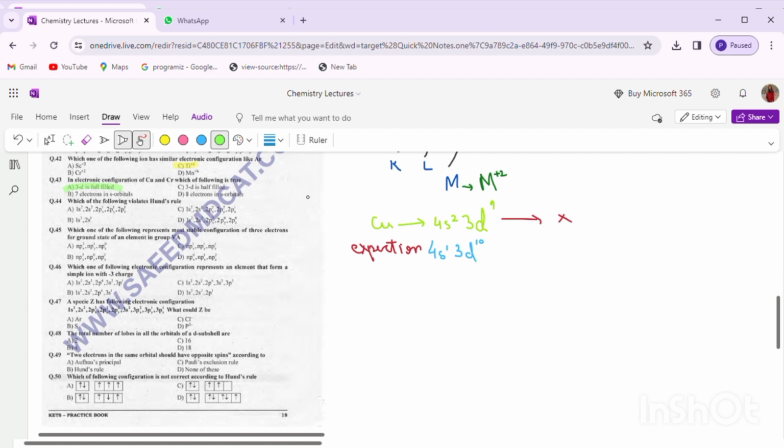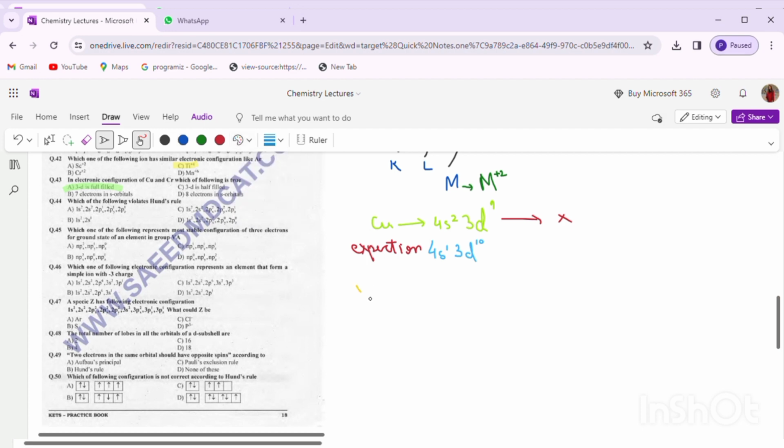Which of the following violates Hund's rule? Violates means to disagree or not to follow, right? So let me write here first because this is a very basic meaning. However, not everyone knows about it, right?